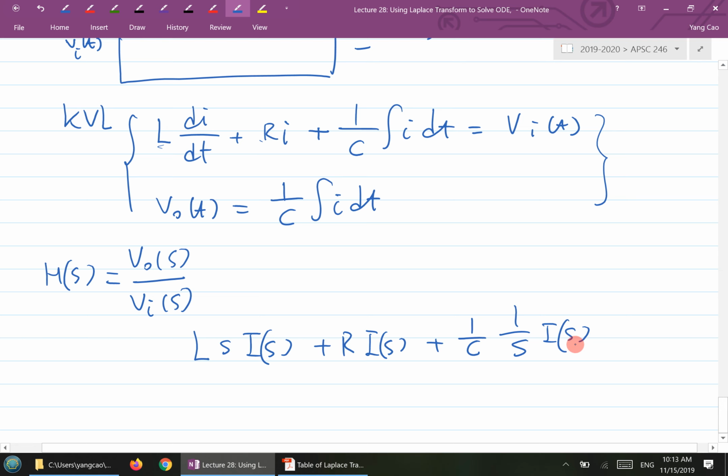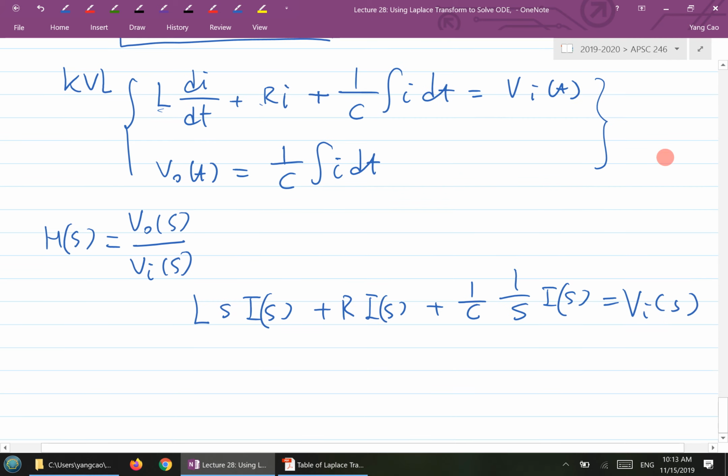So if you recall, s is a derivative action, 1 over s is an integral action. And Vi(s). And I also take the Laplace transform of the second equation here. So we get Vo(s) equal to 1 over C, 1 over s here, and I(s).